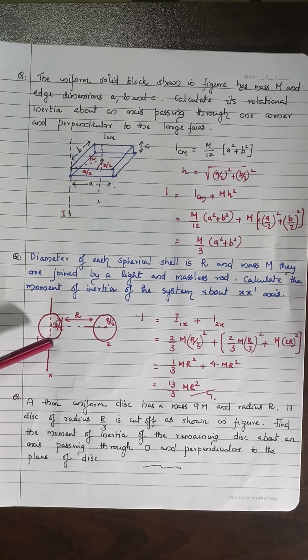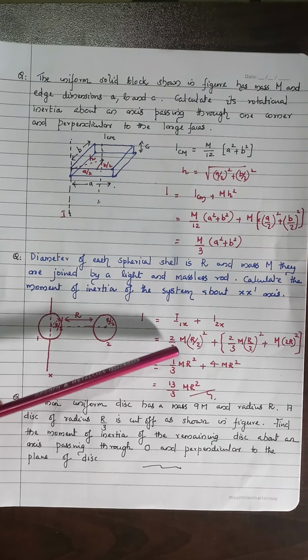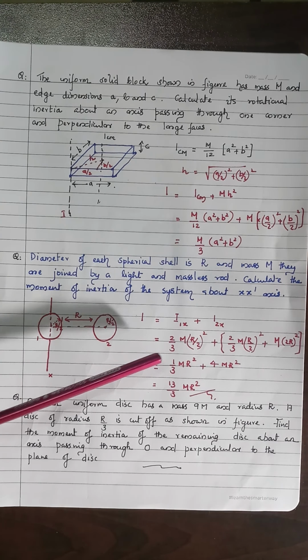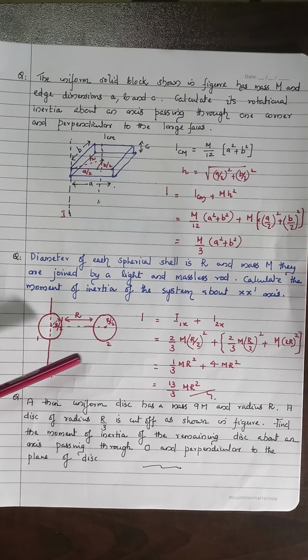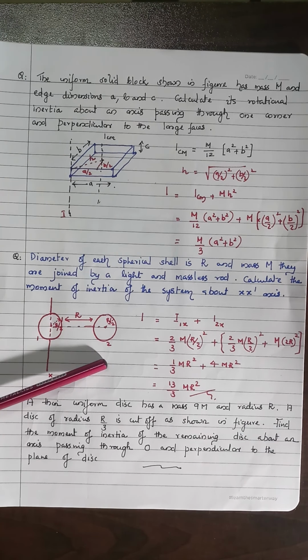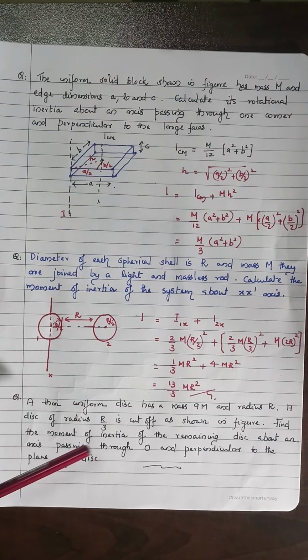At first we have to find the moment of inertia of the spherical shell about its diameter. Simple, its diameter is R, and hence its radius becomes R by 2. But we have to find the moment of inertia of the second body about its diameter at first. Then we have to transfer it into x-axis by using the parallel axis theorem, and you get the answer.